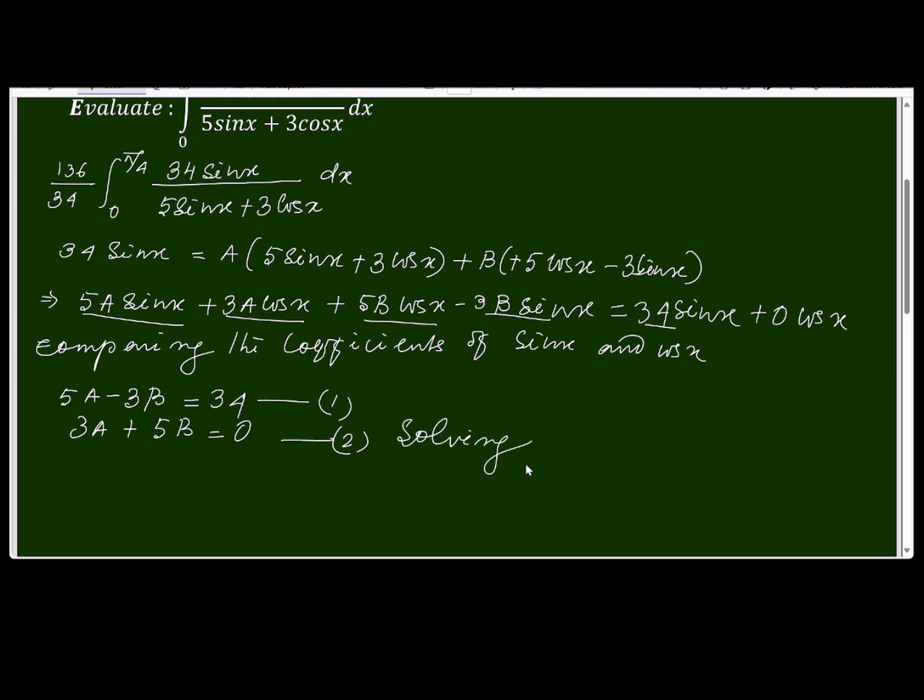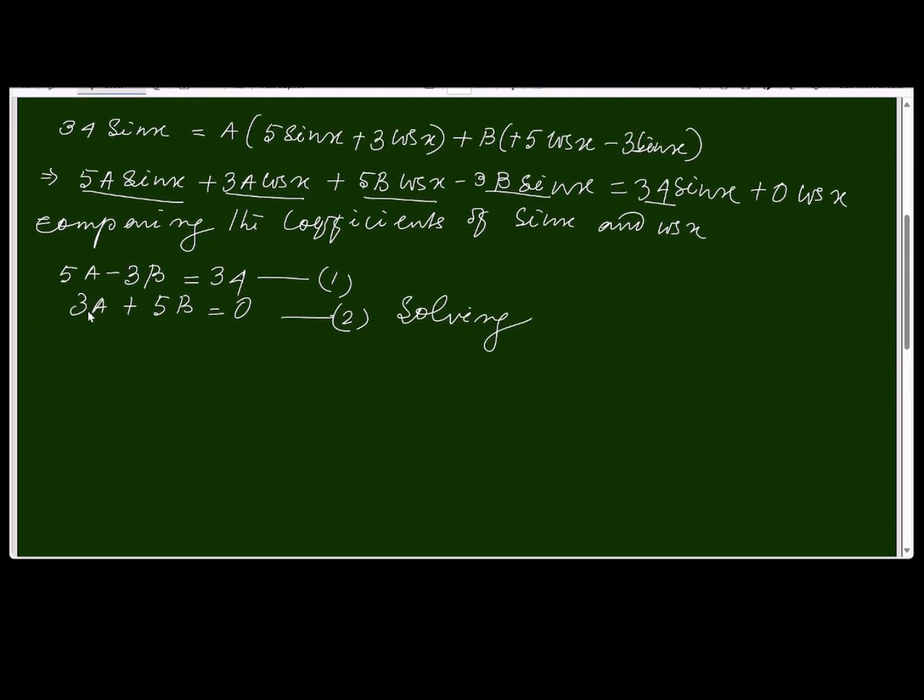Solving. So you can multiply equation 1 by 3, it gives us 15a minus 9b equals 102. And second equation I multiply with 3. So 9a, and not 3, it will be 5. First equation with 3, second equation with 5.